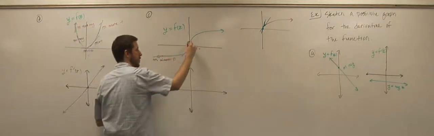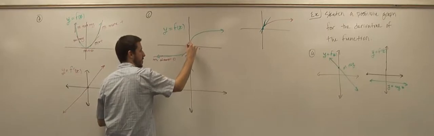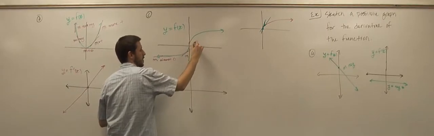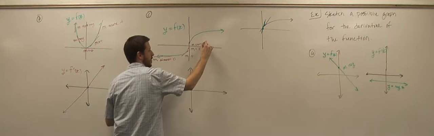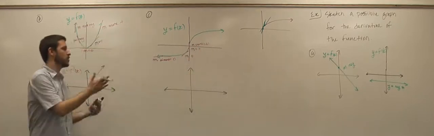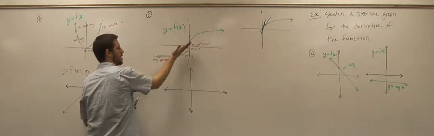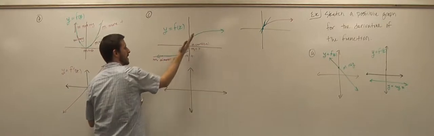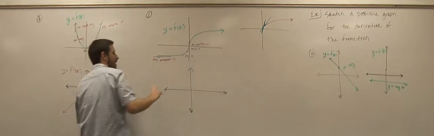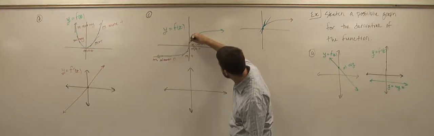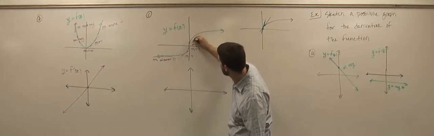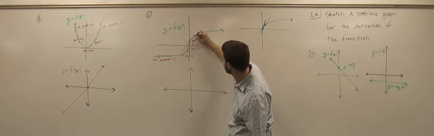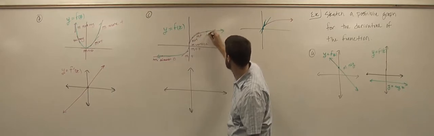And actually at 0, the way the trend is going, it's going to be vertical. It's going to get huge. The way this is ramping up, my slope is getting bigger and bigger. And then on the other side, it's going to be very positive right here. But then as you get further and further away from the origin, it gets less positive.